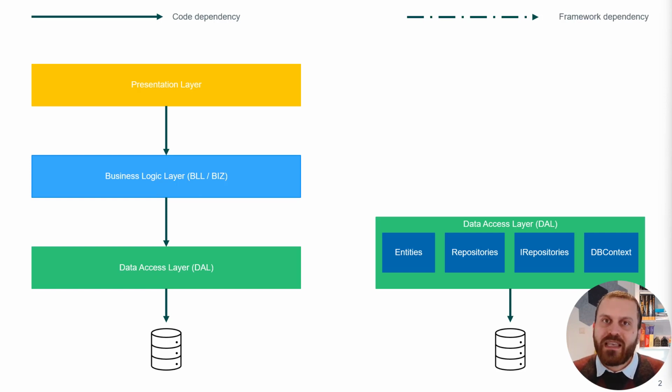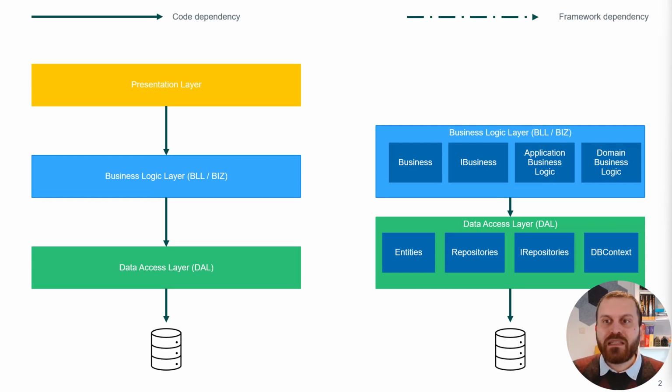For getting and setting data from and to these entities, we create repositories. And we should create IRepositories to prevent coupling to these repositories. We don't want to have concrete dependency in other layers to repositories, so we should use IRepositories. And in most cases, we are using Entity Framework, so we have DbContext here in this layer.